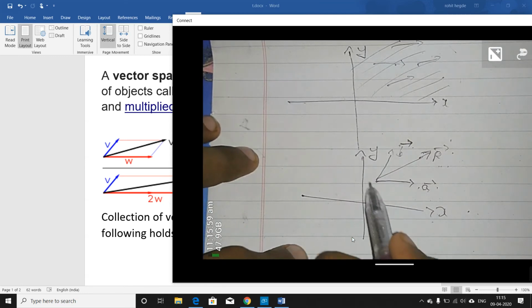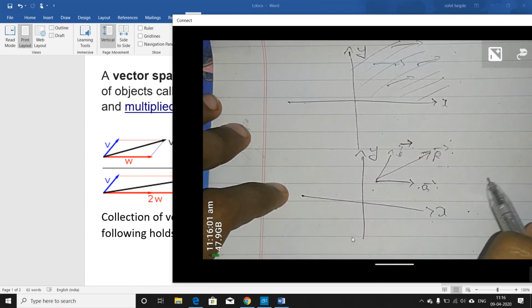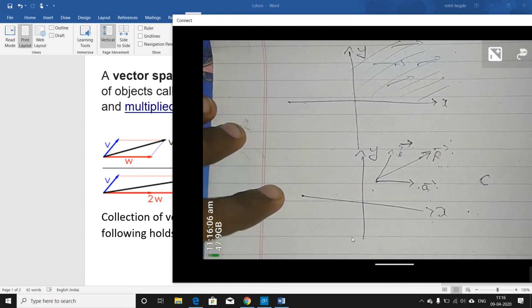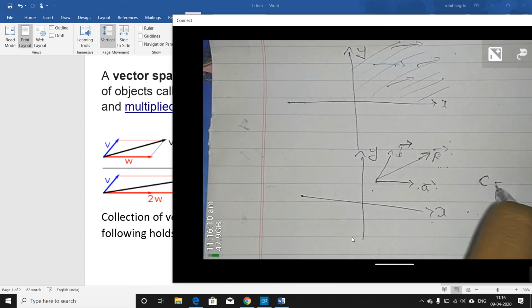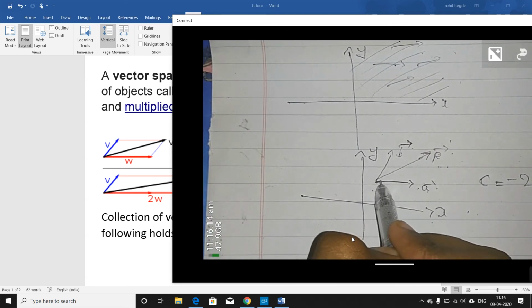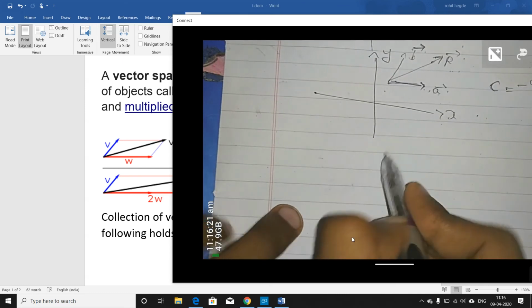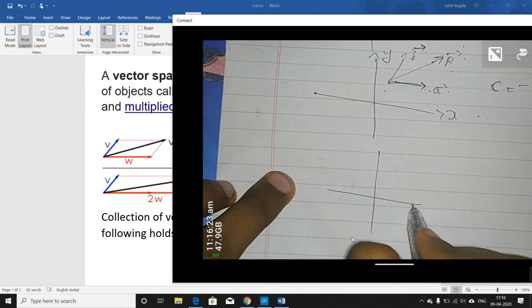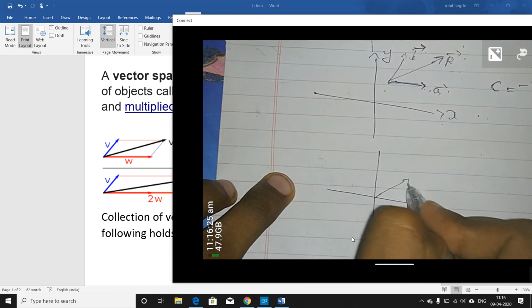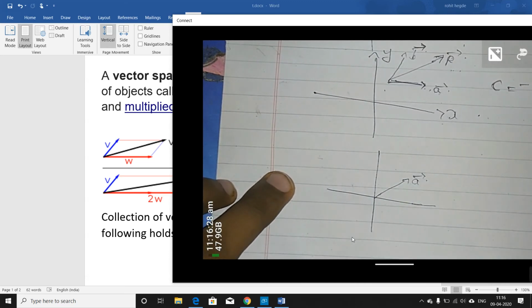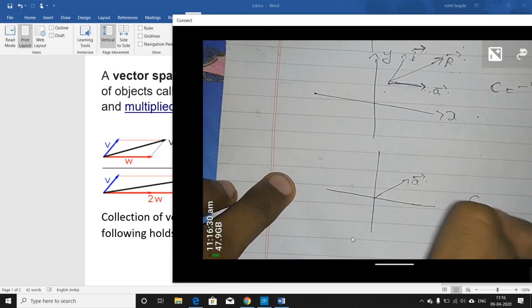Then the next one, scalar multiplication. If we take c belonging to R, real numbers, which may include negative numbers, I will take c equals -2. This is my a vector. Now I multiply c into a vector.